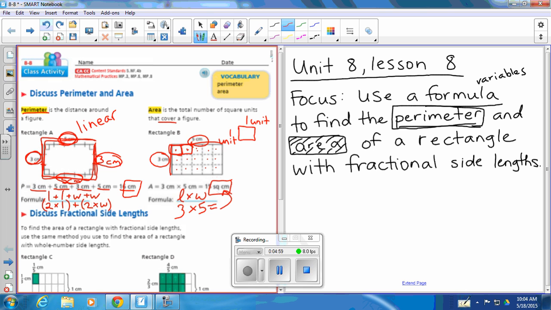So we have 1, 2, 3, 4, 5, 6, 7, 8, 9, 10, 11, 12, 13, 14, 15. So we have 15, but these are square units. So that's why it is square centimeters as your label. Okay, so remember with perimeter, you just have whatever the unit is. With area, it's going to be a squared unit.